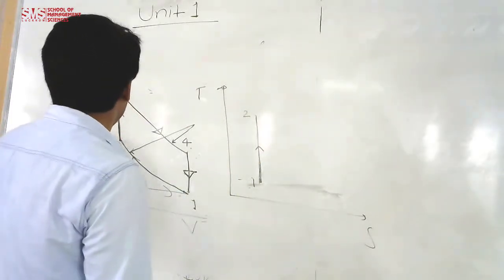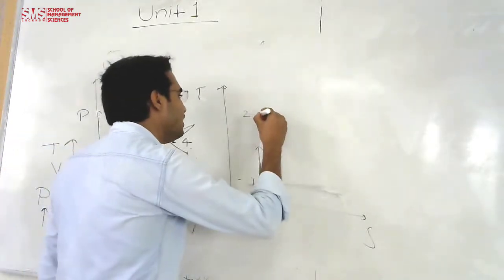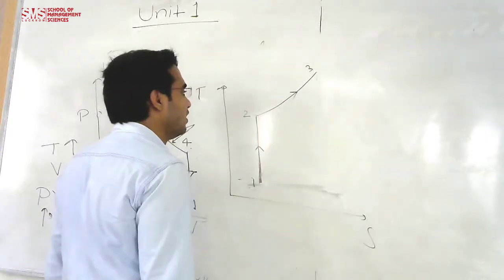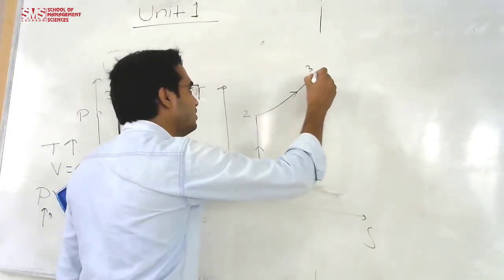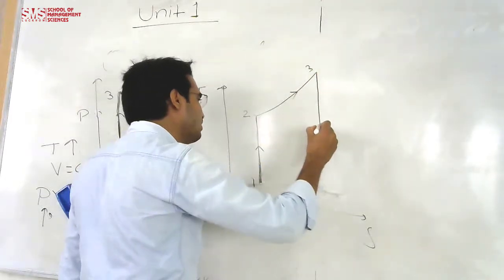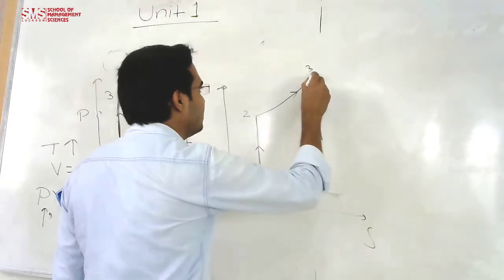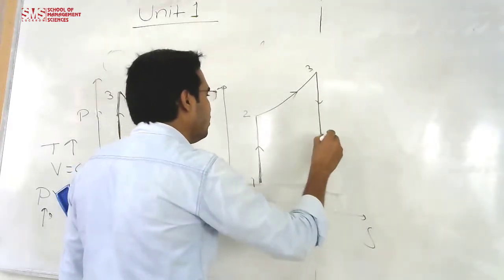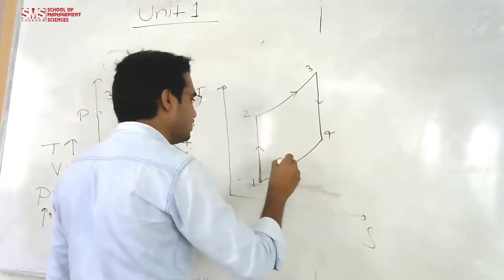Now 2 to 3 is constant volume heat addition. Now 3 to 4 is an isentropic or reversible adiabatic expansion process. In expansion temperature is decreasing. Now 4 to 1 is the constant volume heat rejection process.